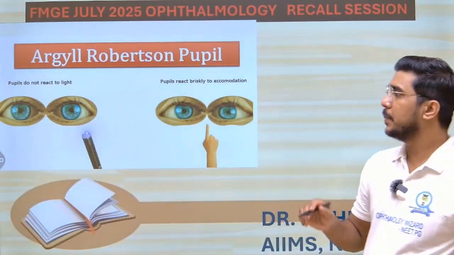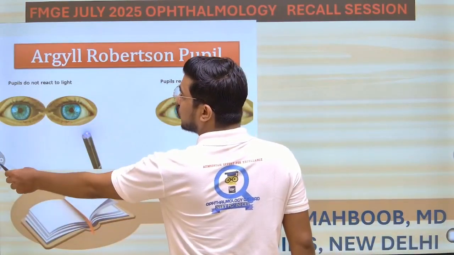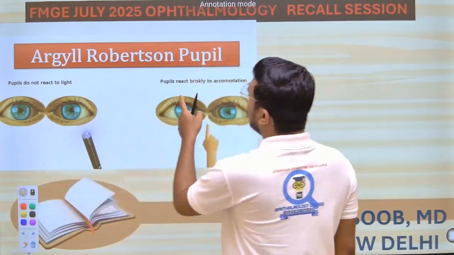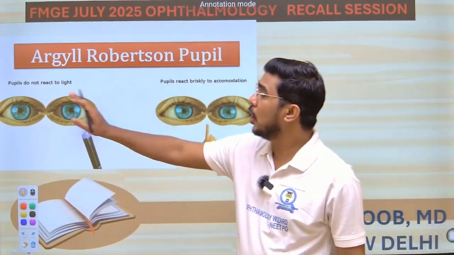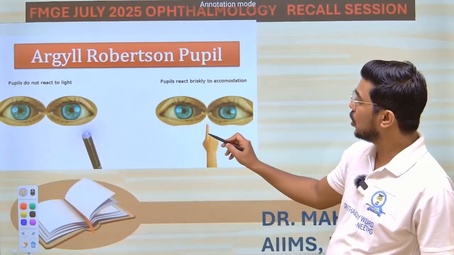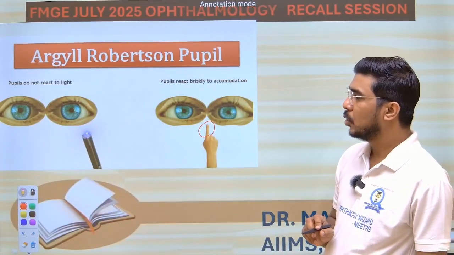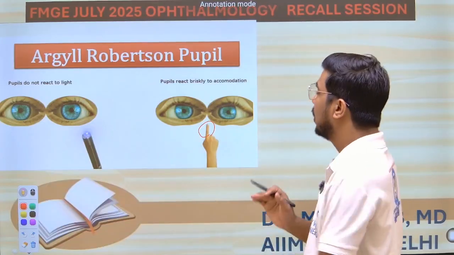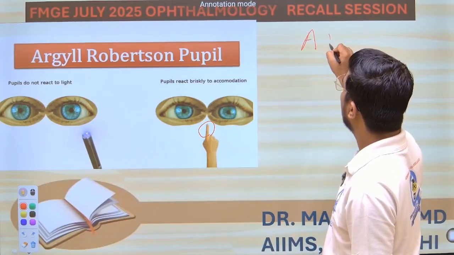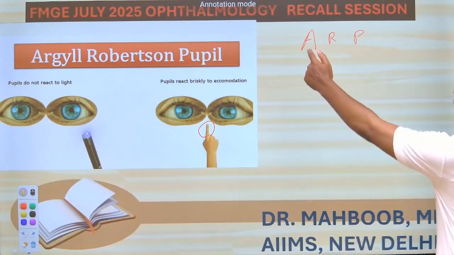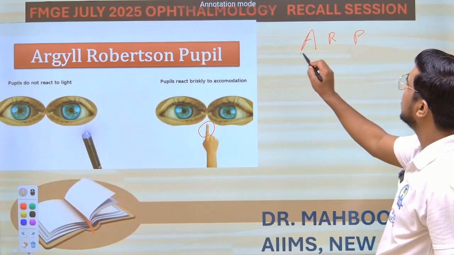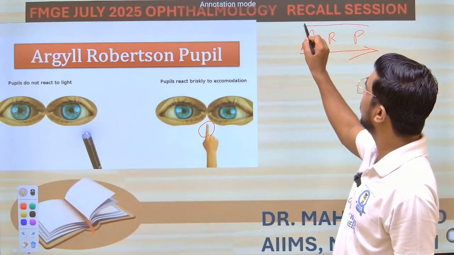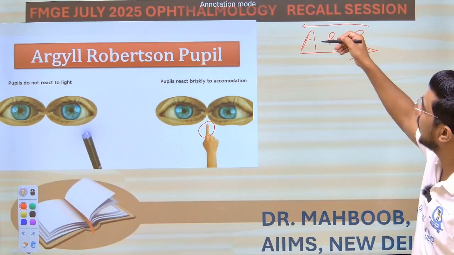This is Argyll Robertson pupil. The pupil does not react to light, but reacts to accommodation. One point to note is that here there is no anisocoria. If I say ARP, you can read it as accommodation reflex present, from this direction to this direction, and from here to here, pupillary reaction absent.